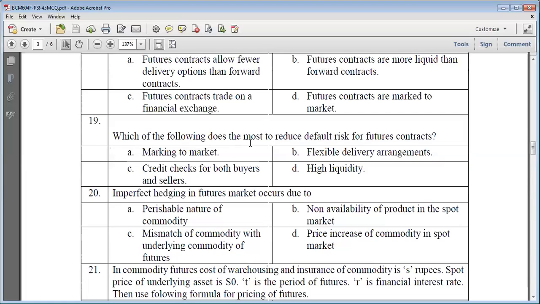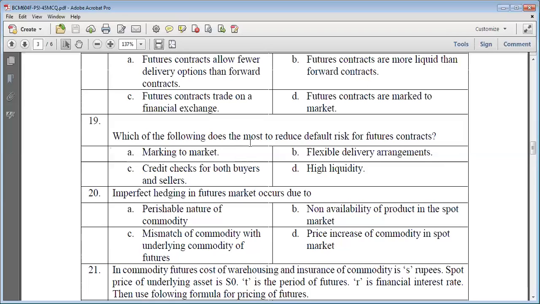Suppose we are going to reduce the risk of an increase in the price of petrol, but no derivative contract is available on petrol.